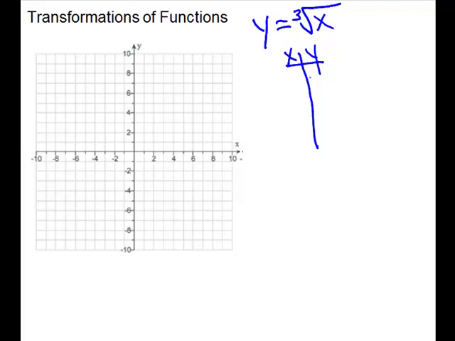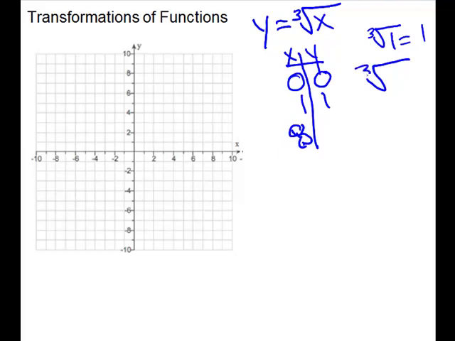And so what we want to pick for the x is perfect cubes. So 0 is good. Cube root of 0 is going to be 0. 1 is good. Cube root of 1 equals 1. Your next perfect cube will be 2 cubed is 8. So your next perfect cube to choose would be 8 for x.